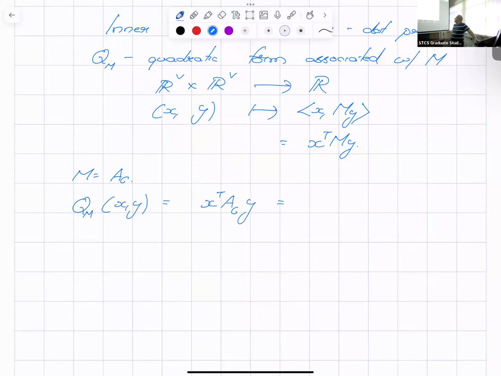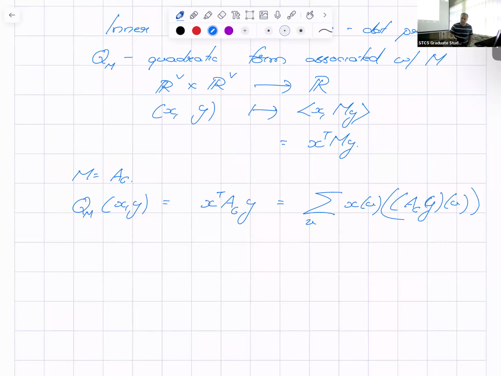What would this be? Notice this is summation over u of x_u times (A_G y)(u).